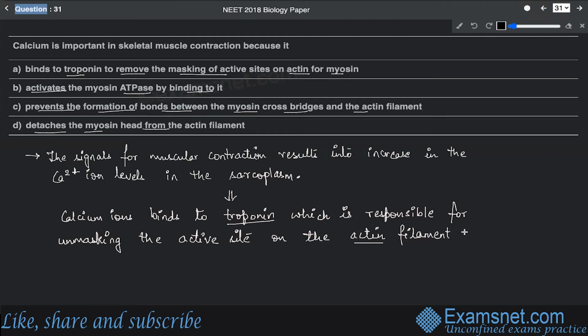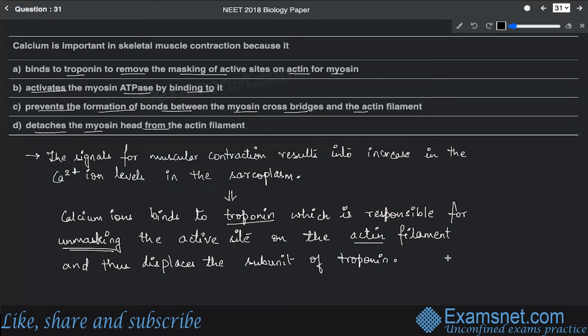Once calcium binds to troponin, it is responsible for unmasking or uncovering the active site present on the actin filament, and thus displaces the subunit of troponin.